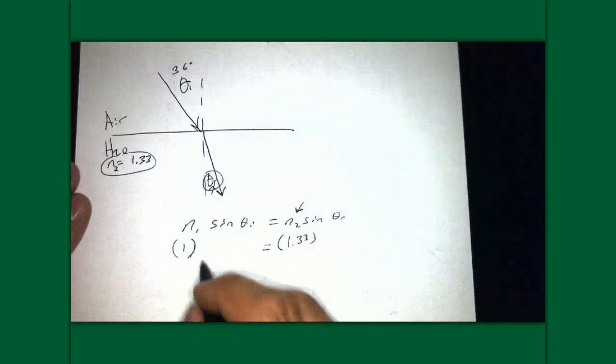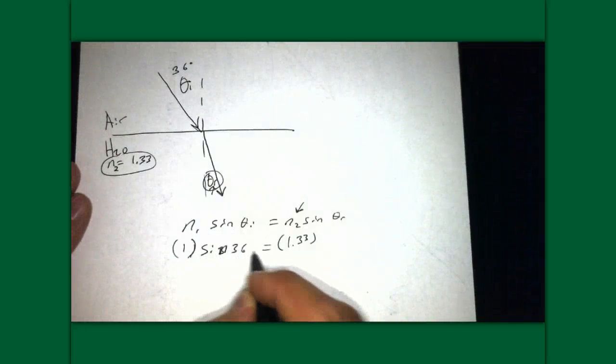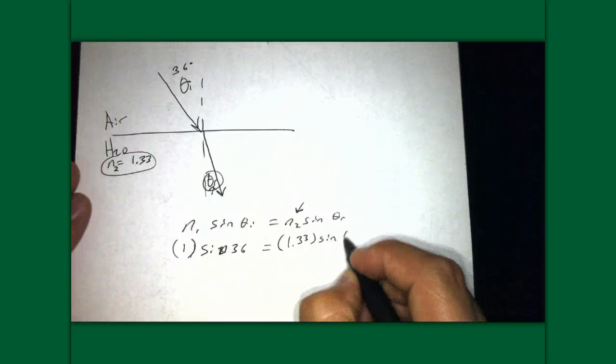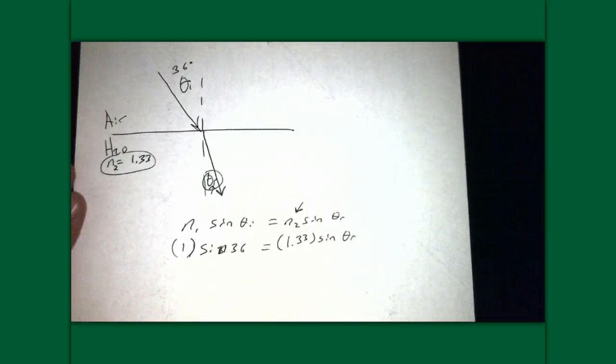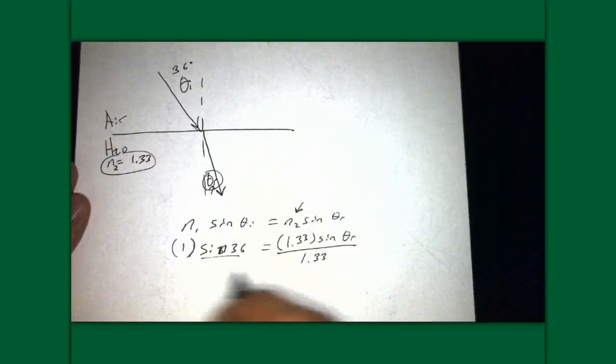We decided that the angle of incidence was 36 degrees, so sine 36, and then we have sine theta R over here. Now don't forget, this is just a number, and this is just a number if we had the angle. So what we need to do first is divide by 1.33.